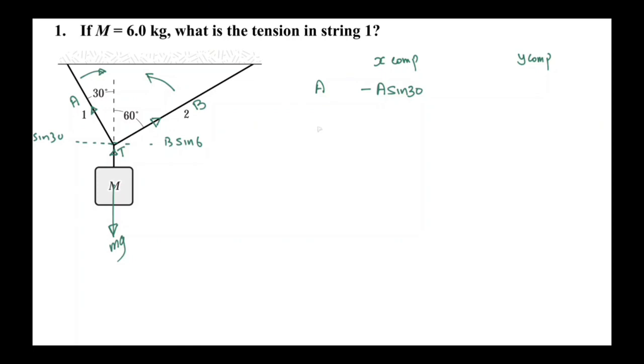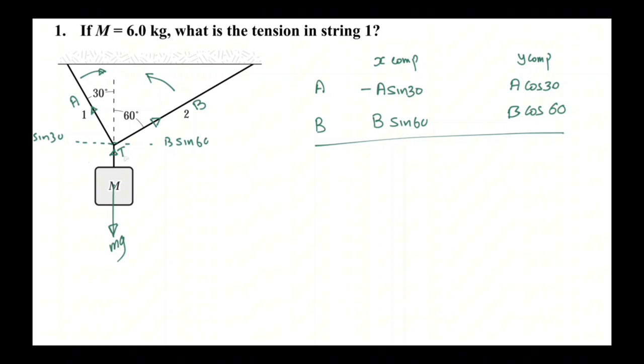Now the X component for B is actually equal to B sine 60. Now the Y component for A is A cosine 30, and the Y component for B is equal to B cosine 60.